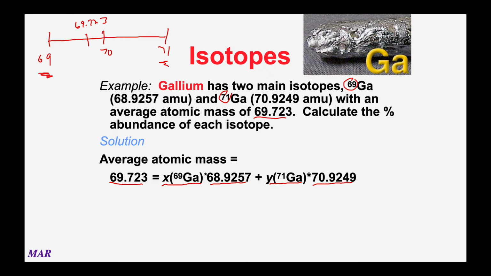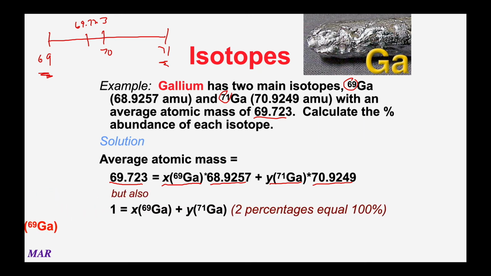We don't know x or y. And really, to solve equations in math, you need to only have one unknown in an equation. So we need another relationship that somehow is going to break our two unknown variables. And because we have only two isotopes, the two percentages together have to equal 100%.